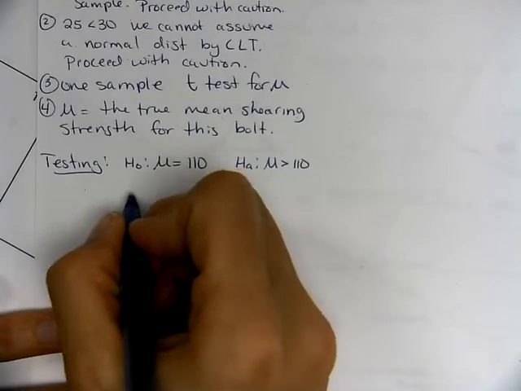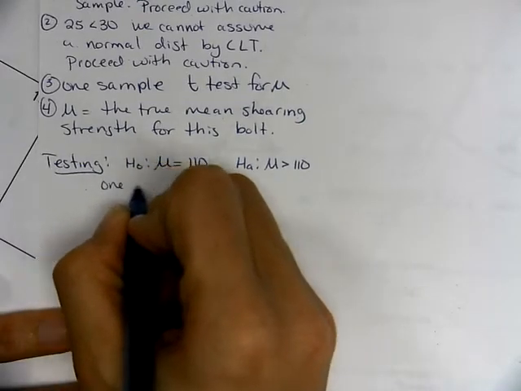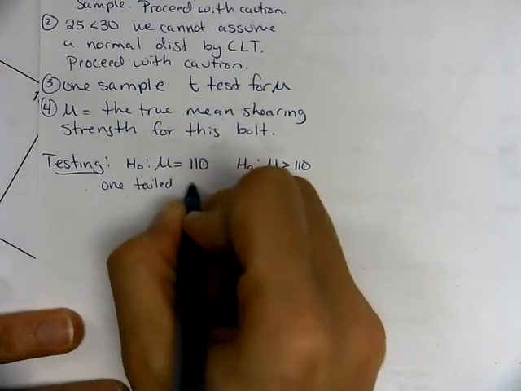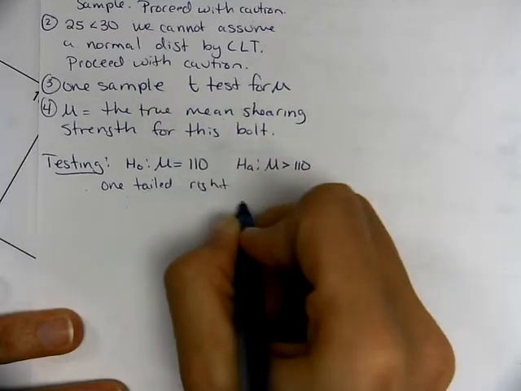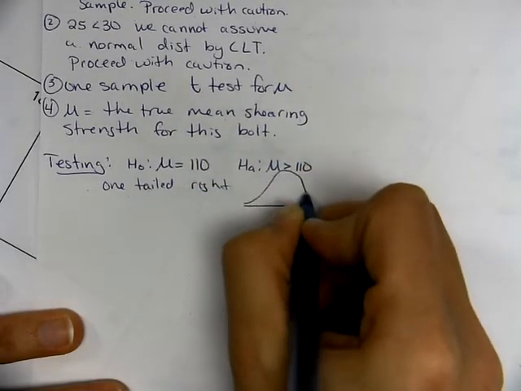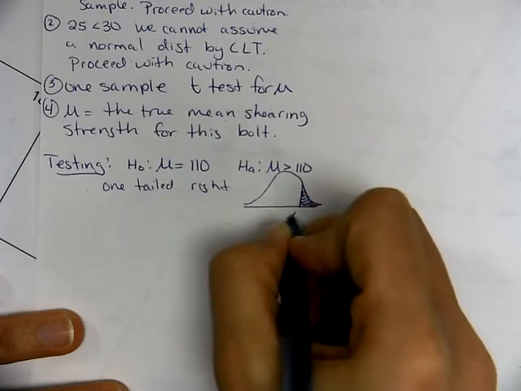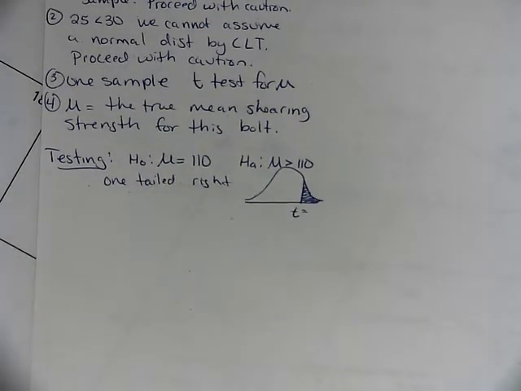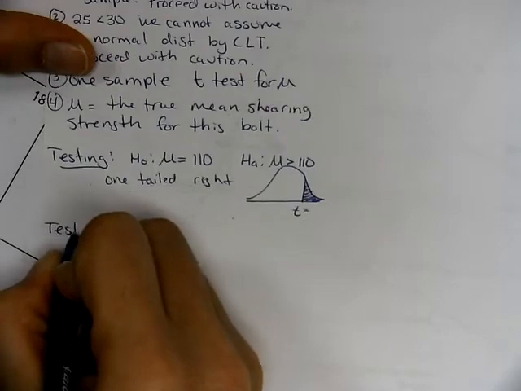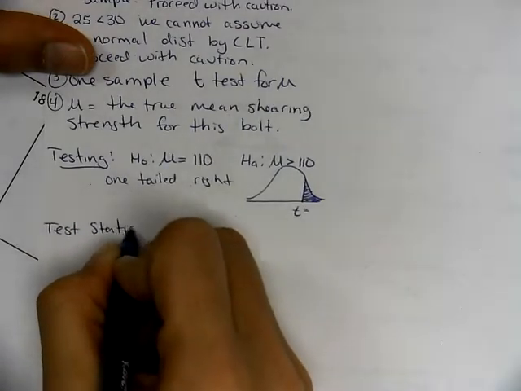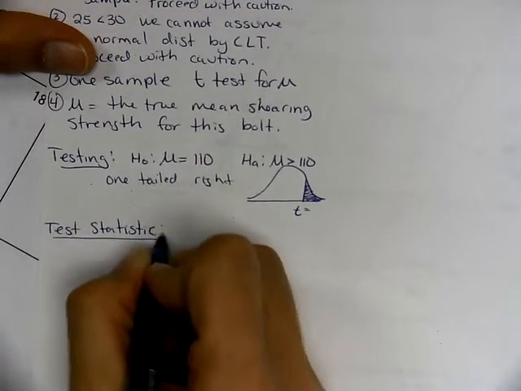So, draw your picture and name it. This is a one-tailed, right? And then you're going to have t equals something once we figure out our test statistic. Okay, for your test statistic, list all your data.